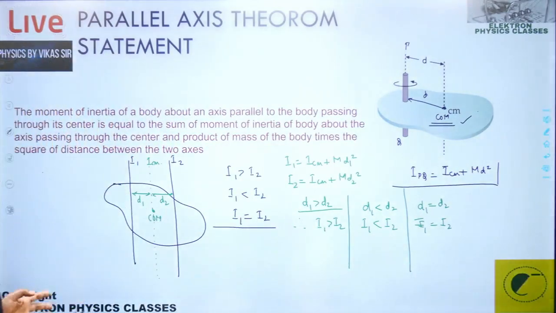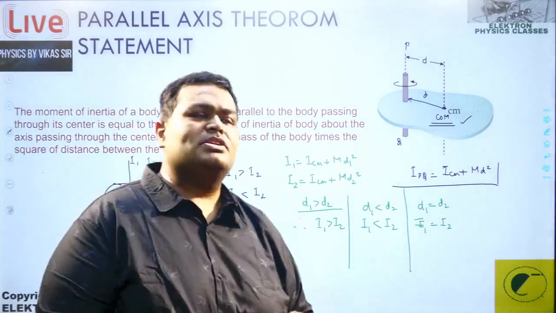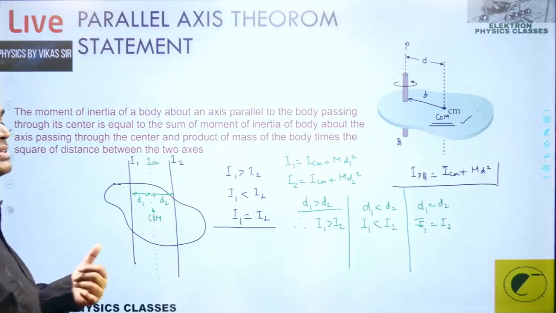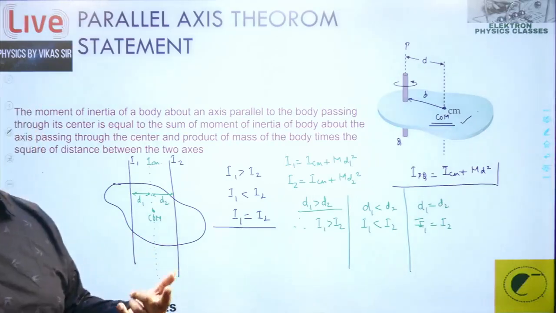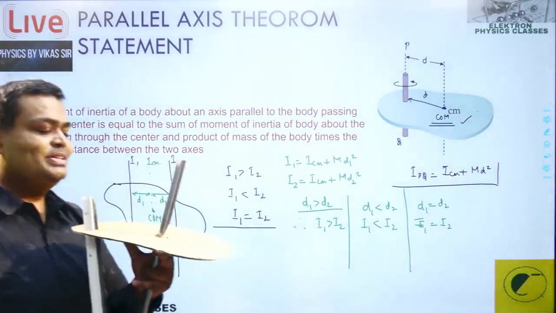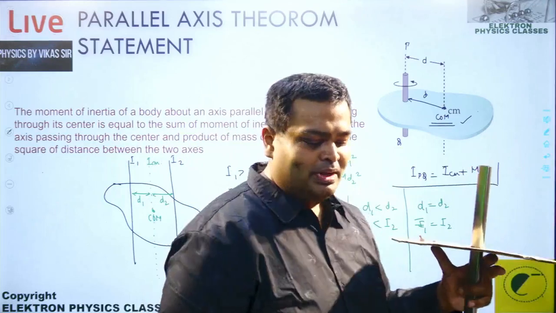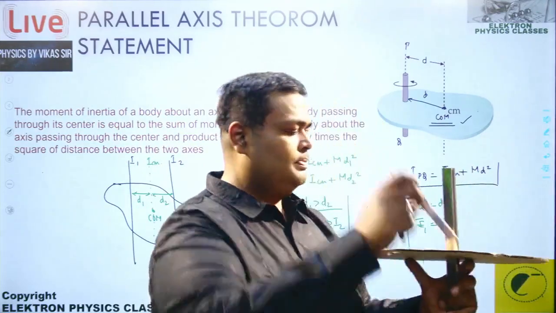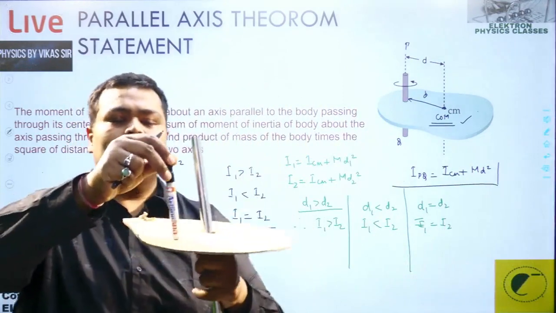Very simple. So, can we have more than one axis which has the same moment of inertia? Yes, we have these two axes. There can be infinite such axes. Means our favorite figure, like this. Now see this. This is the center mass axis. So I can have an axis here.